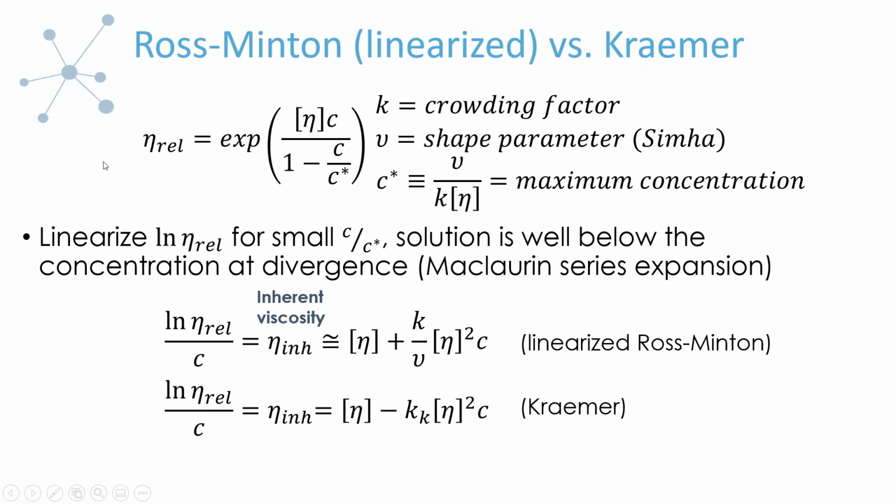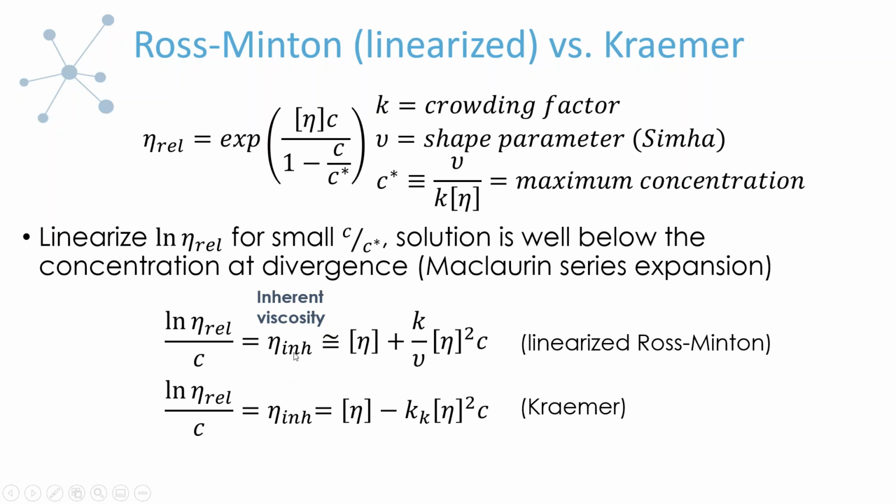Actually, we take the natural logarithm at first, and then we do the expansion of this piece that's in the exponential. That leads us to our final one, which is the inherent viscosity. So we take the log of the relative viscosity, do the expansion, and divide through by the concentration. This log of the relative viscosity divided by the concentration defines the inherent viscosity.